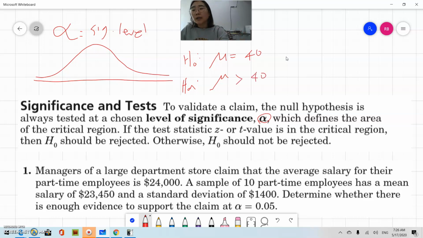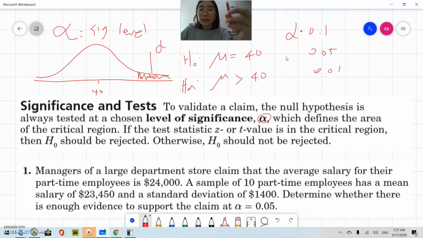So if my 40 is here, I don't know where my true mean is, but basically what the significance level does is it gives you an area. So this is the alpha. And the alpha level is often 0.1, 0.05, and 0.01. You can see how it's related to the confidence level, because confidence level goes 90%, 95%, and 99%, right?